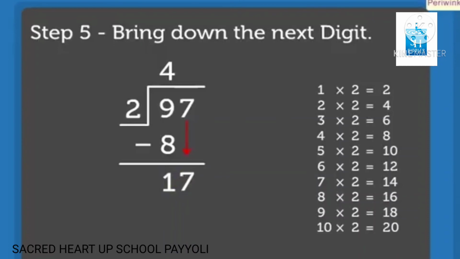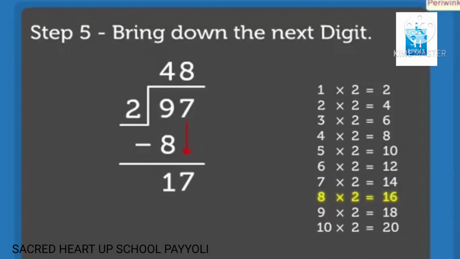The nearest product is 16, so we write 8 above the 7. As we know, 8 into 2 is equal to 16.